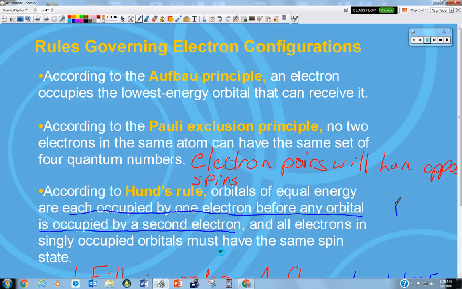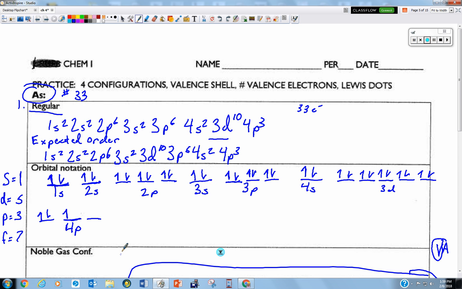So in other words, I have to fill all of the ups before I start doing the downs. So let's go back and fix this. The place that I have my error is this down right here. Just trying to cheat and not have to erase as much. So let's go back and put my arrow in the right spot.